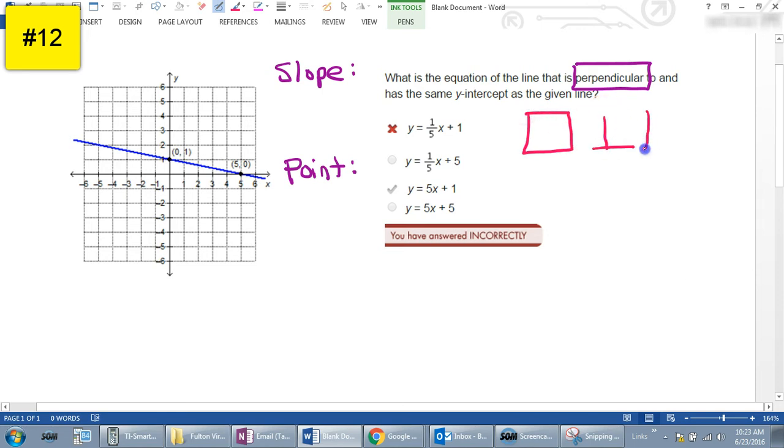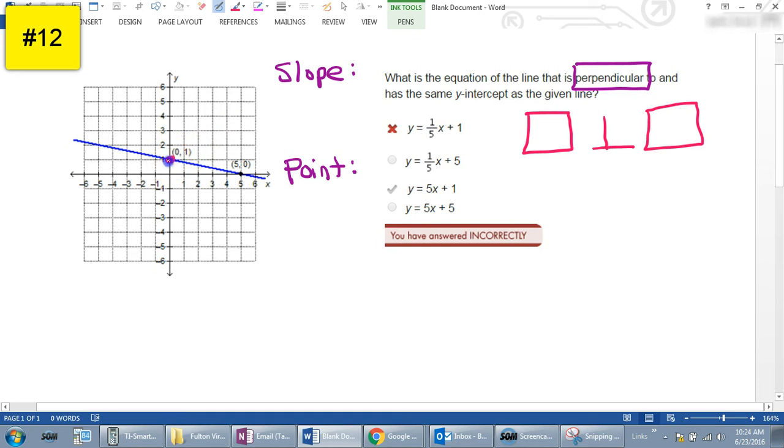Okay? So they said perpendicular, so let's look at the line they gave us, figure out the slope. Since they said perpendicular, we'll switch it to be opposite and reciprocal, and that'll be our slope.